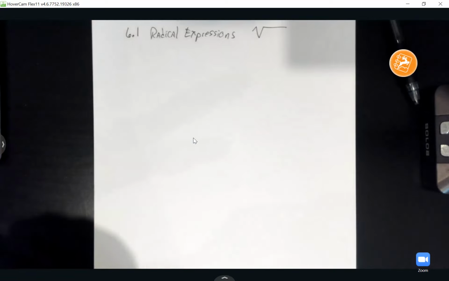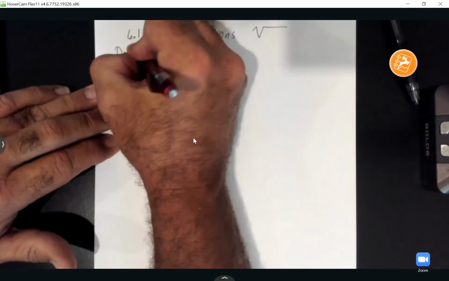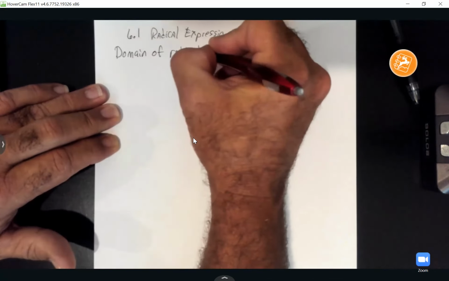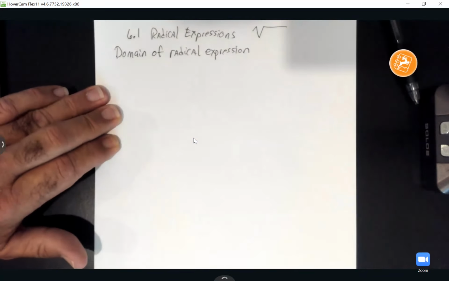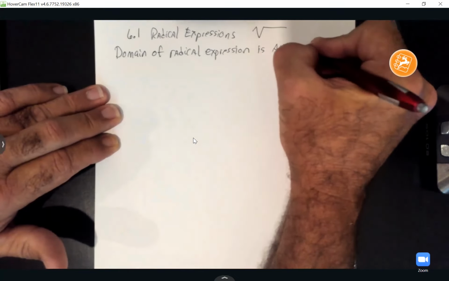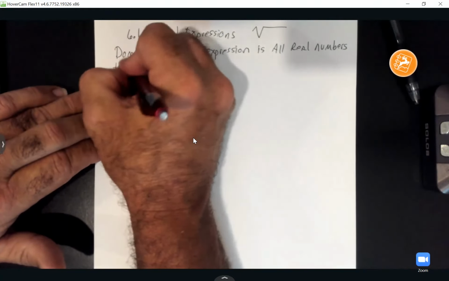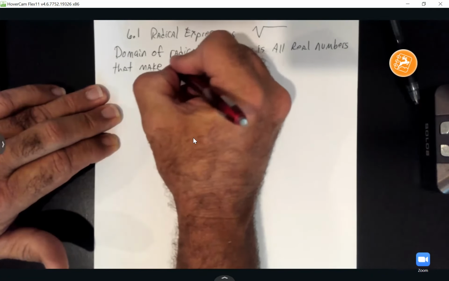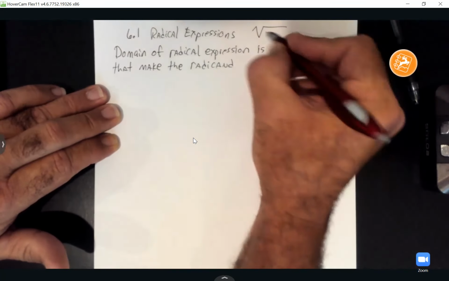So this is the second thing I'm worried about on a domain. So the domain of a radical expression is all real numbers that make the radicand. Now the radicand is what's underneath the radical.